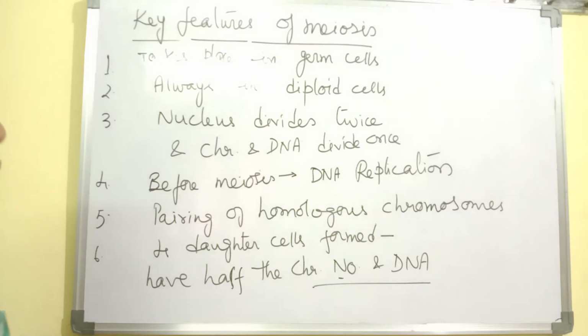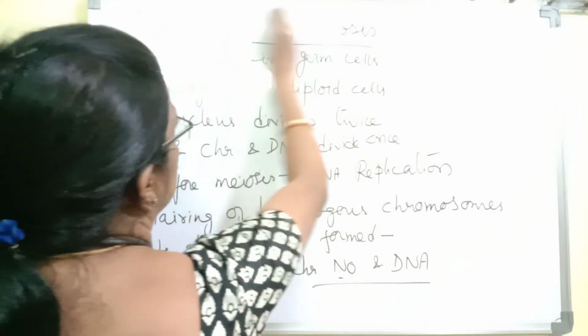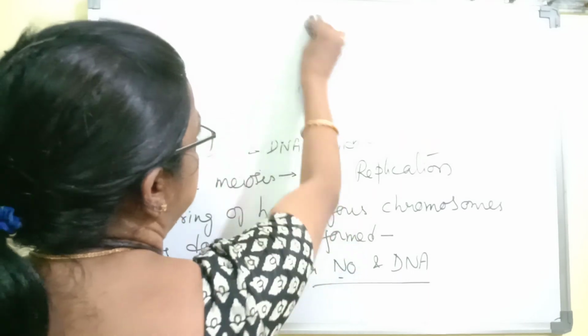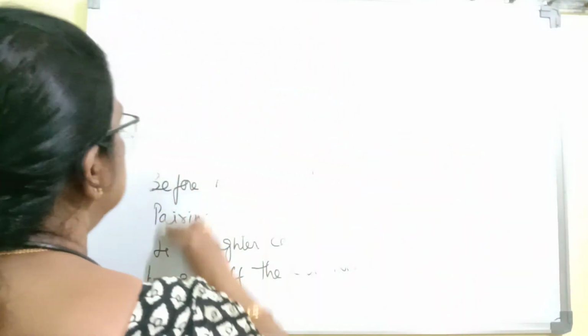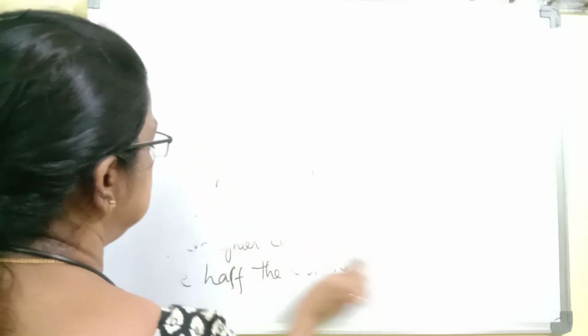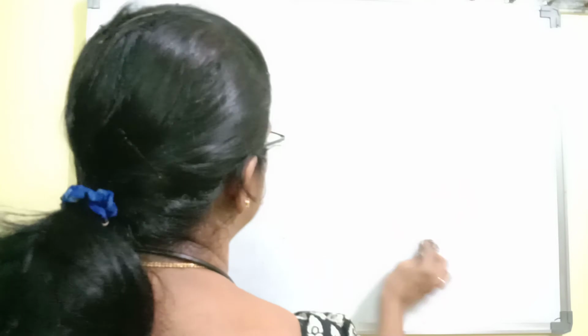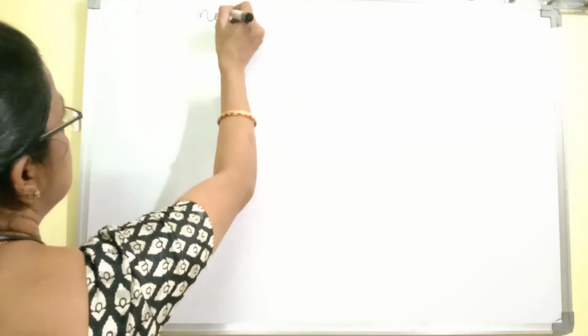Now next I will give you the summary of all the divisions taking place in the process of meiosis. I will give you first a summary of all the stages, then we can discuss in detail.